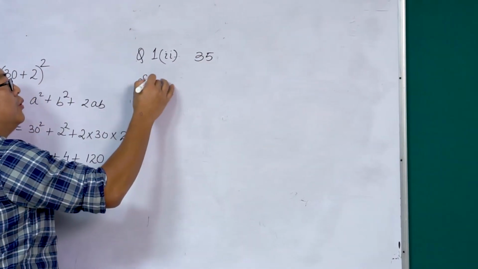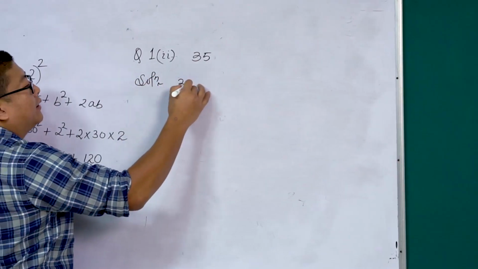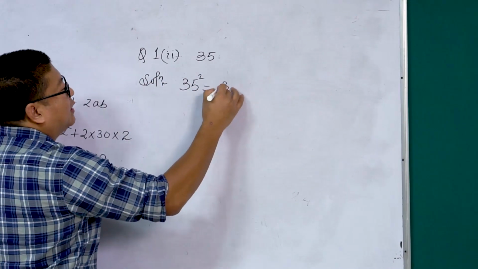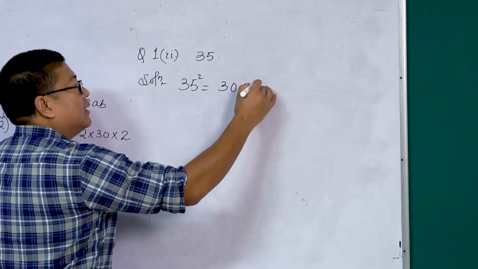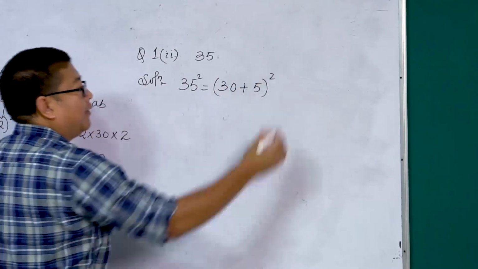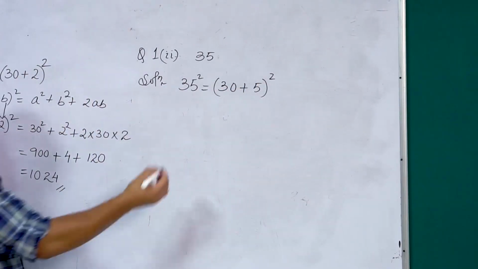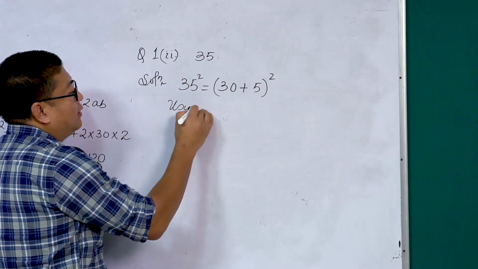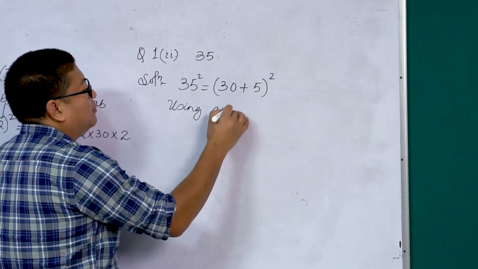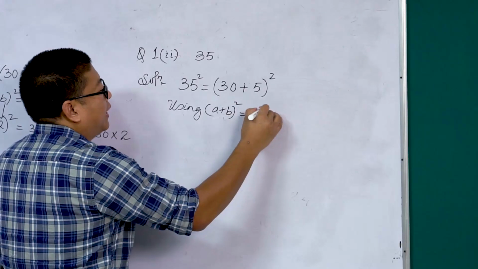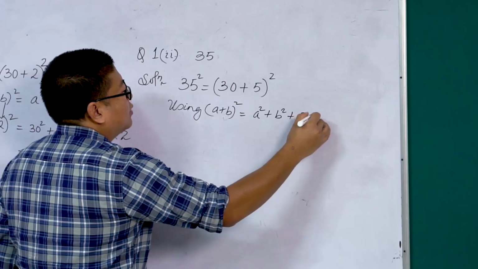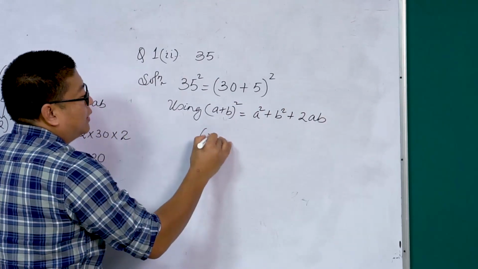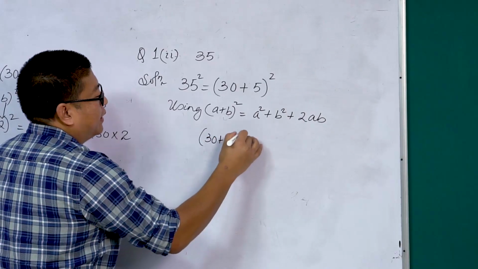So we have to find 35 square, which is nothing but 30 plus 5, the whole square. Using a plus b the whole square is equal to a square plus b square plus 2ab. We'll just write it below for a better understanding.